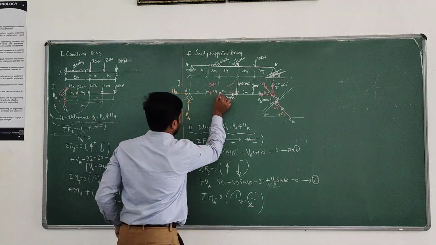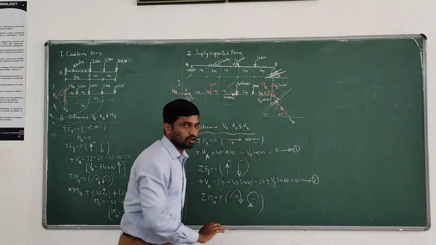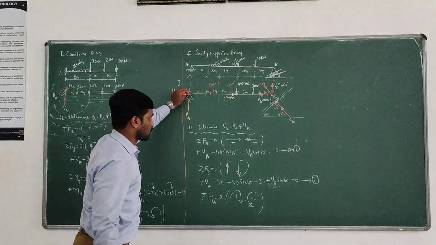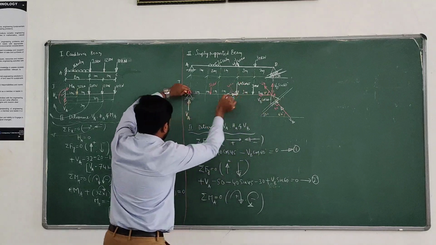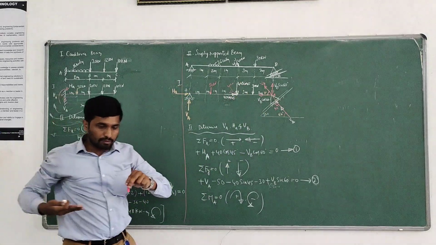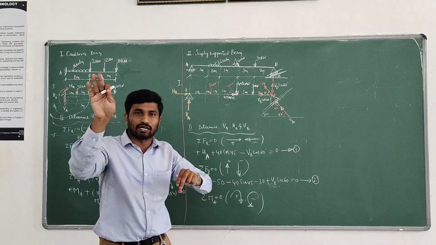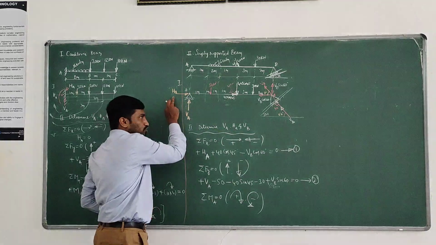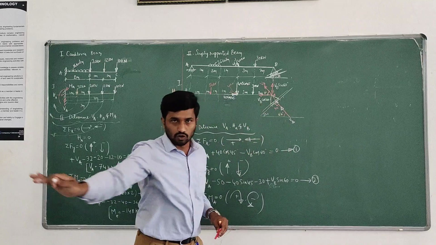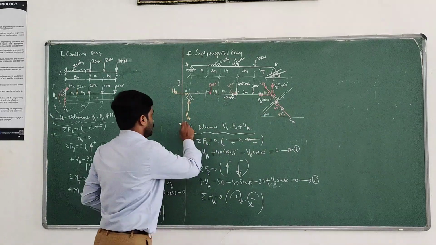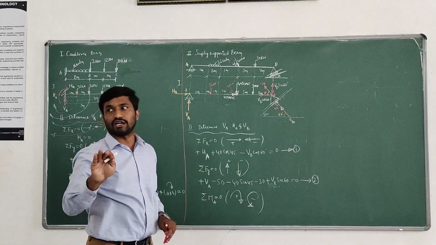This horizontal force HA also does not produce any moment. 40 cos 45 and VB cos 60 also do not produce any moment with respect to point A, because they have the same line of action, with no perpendicular distance. Hence HA into 0, 40 cos 45 into 0, VB cos 60 into 0. VA is also in the same line of action, so it produces no moment.